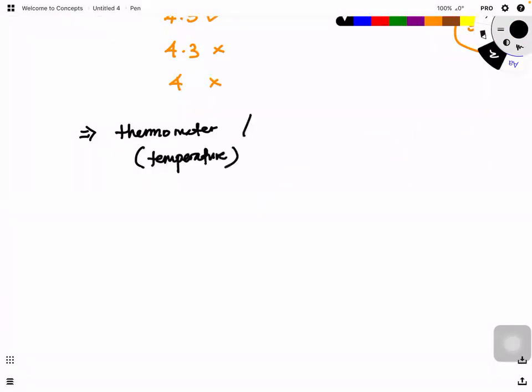It applies to the burette, measuring cylinder, and syringe, those for volume.